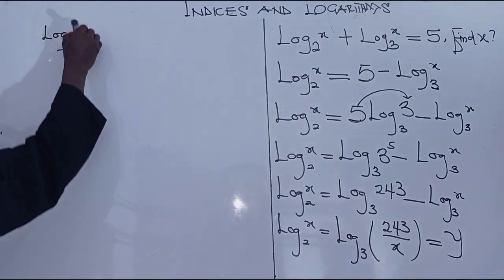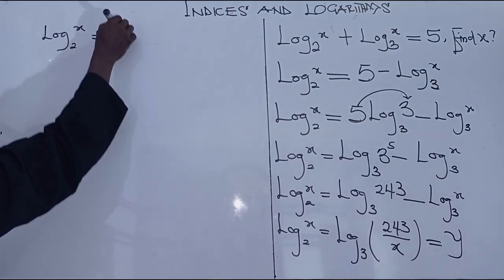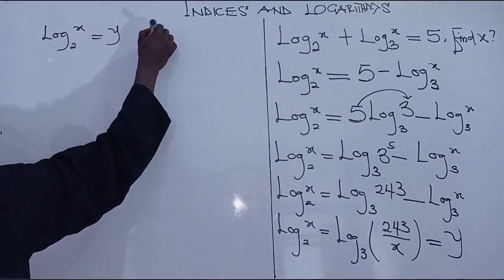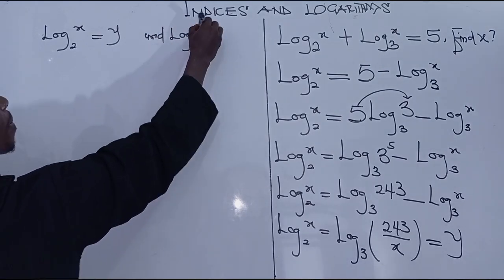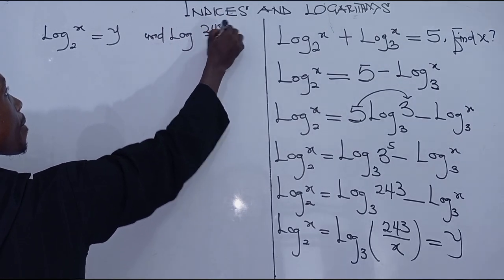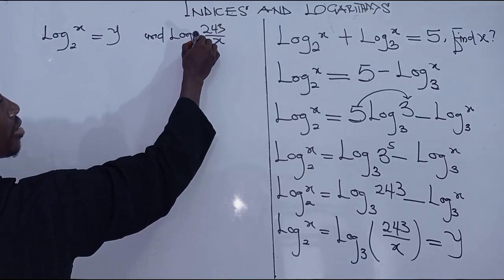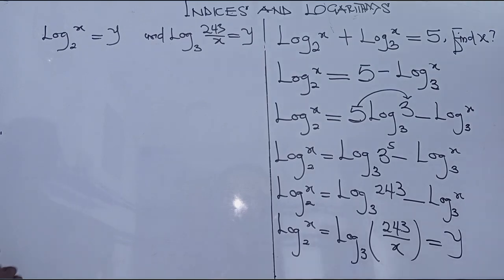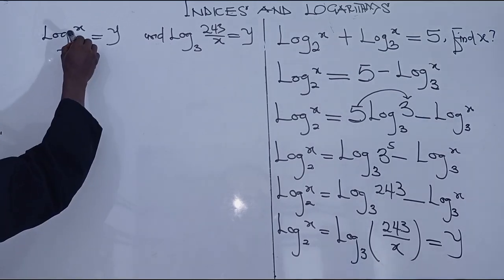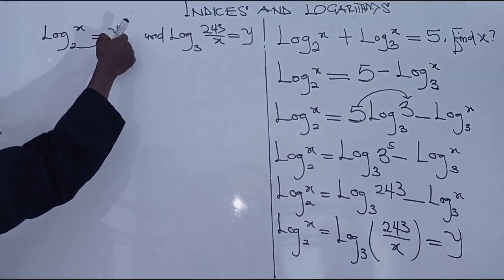Log of x to the base of 2 is equal to y, and log of 243 over x to the base of 3 is also equal to y. Now once you have this, we can convert this into an exponential equation. The base of this logarithm will become the base of this y.